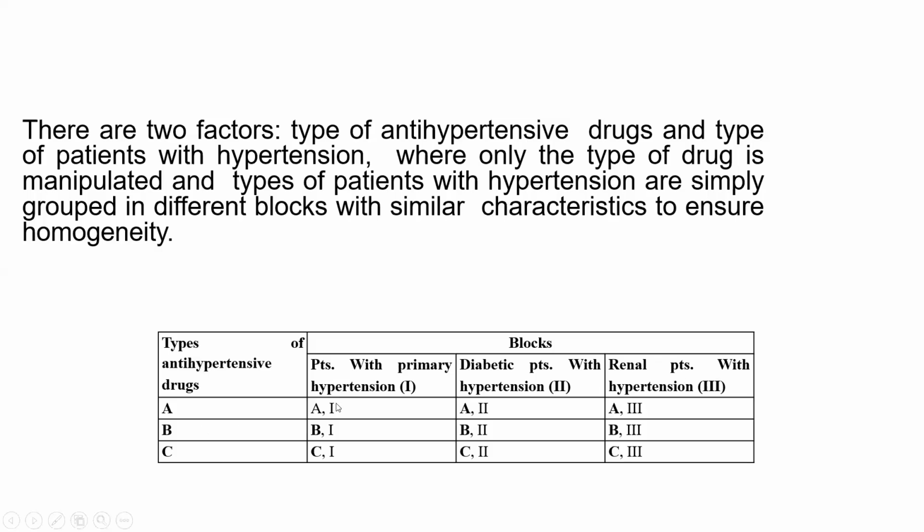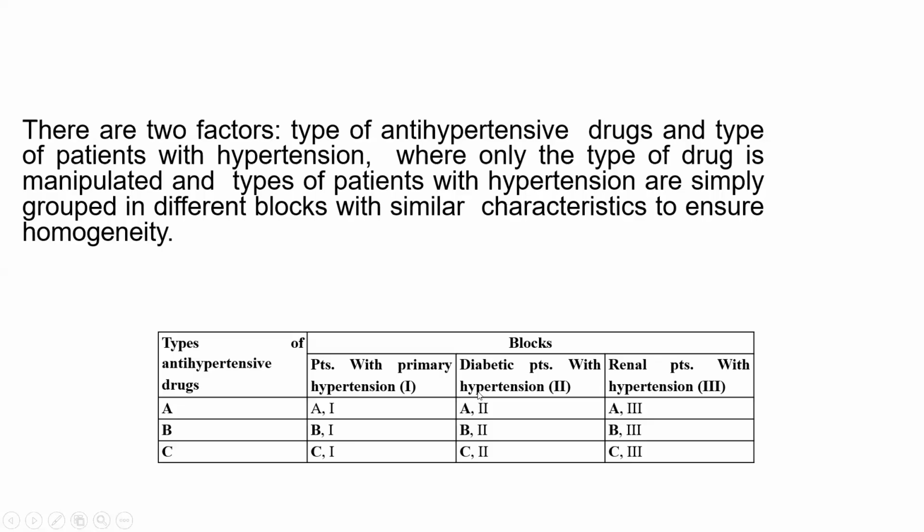So for the first block, antihypertensive drugs A, B, C are given to patients with primary hypertension. For block 2, the diabetic patients with hypertension, the second group is given the drugs. And the third group, like that, is something like a block.